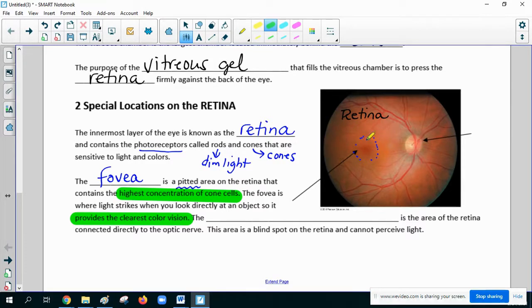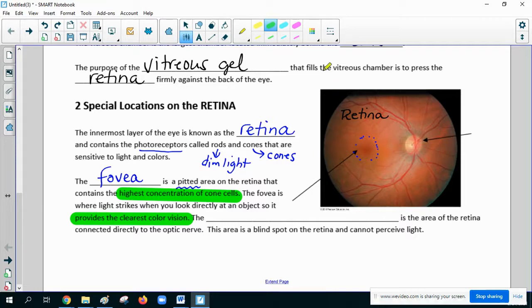The fovea would be like the city where there is a significant density of cone cells. So that means when we look right at something, we have the clearest color vision. And then the light that's striking out here away from the fovea is less crisp and less specific. So when we want to see something the best, we look right at it.